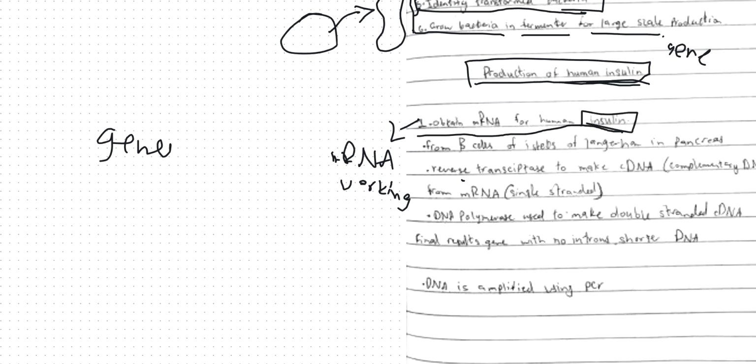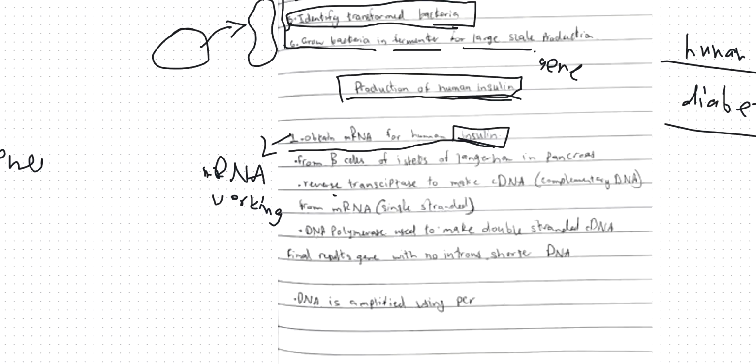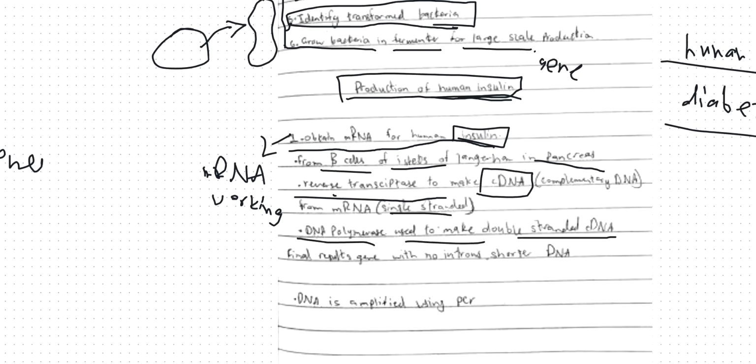This can be taken from the beta cells of the islets of Langerhans in the pancreas, and then you use reverse transcriptase to make complementary DNA from the single-stranded mRNA, and then DNA polymerase is used to make double-stranded complementary DNA. And so the final result is genes that are short and don't have any introns.